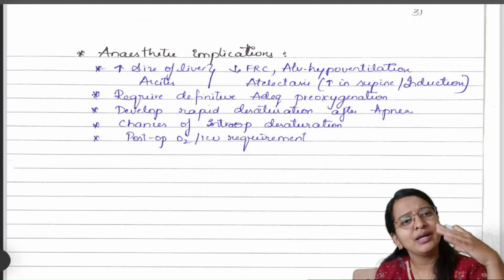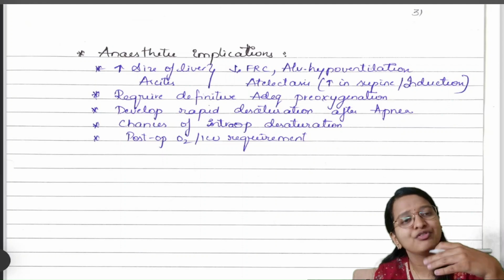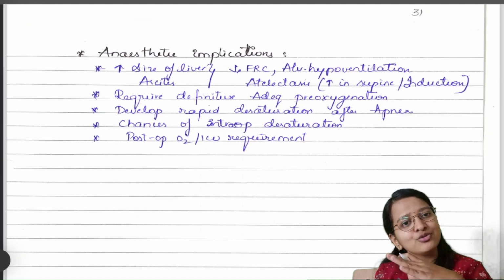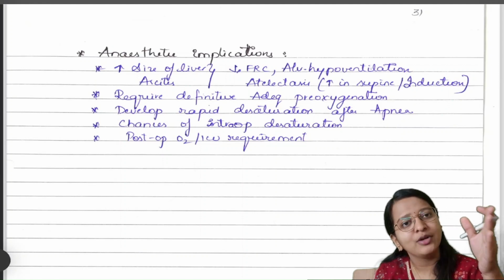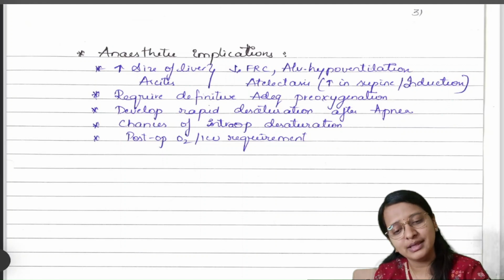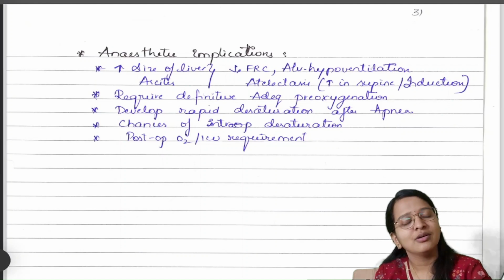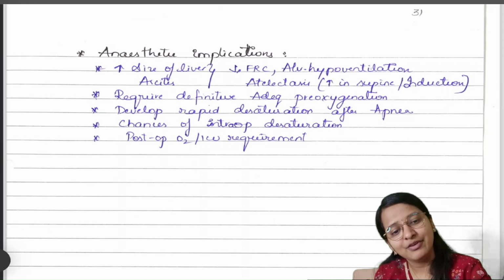So there has to be adequate pre-oxygenation because these patients are more prone to rapid desaturation during intubation. There is also a chance for intra-operative desaturation. And post-op oxygen requirement or ICU requirement might also be there. So these are your anesthetic implications regarding the respiratory system in a liver disease patient.